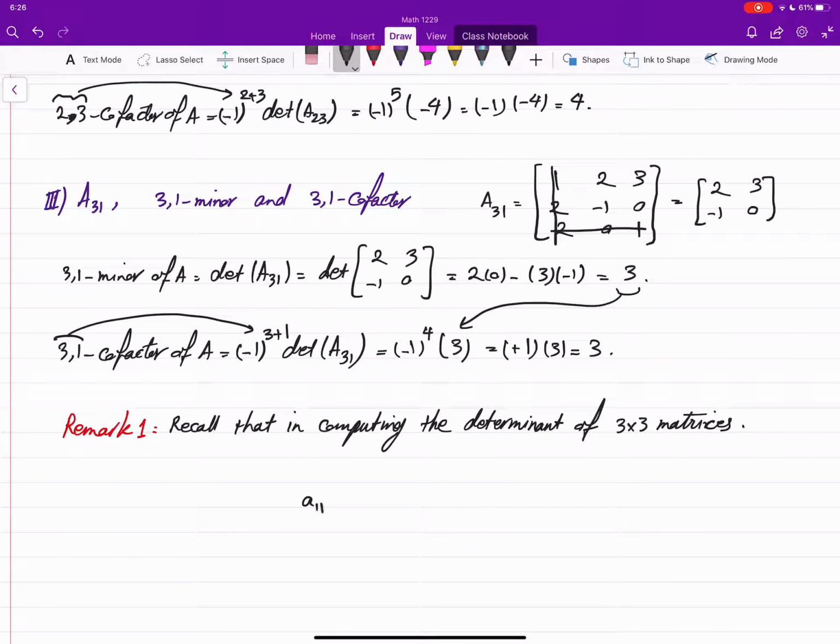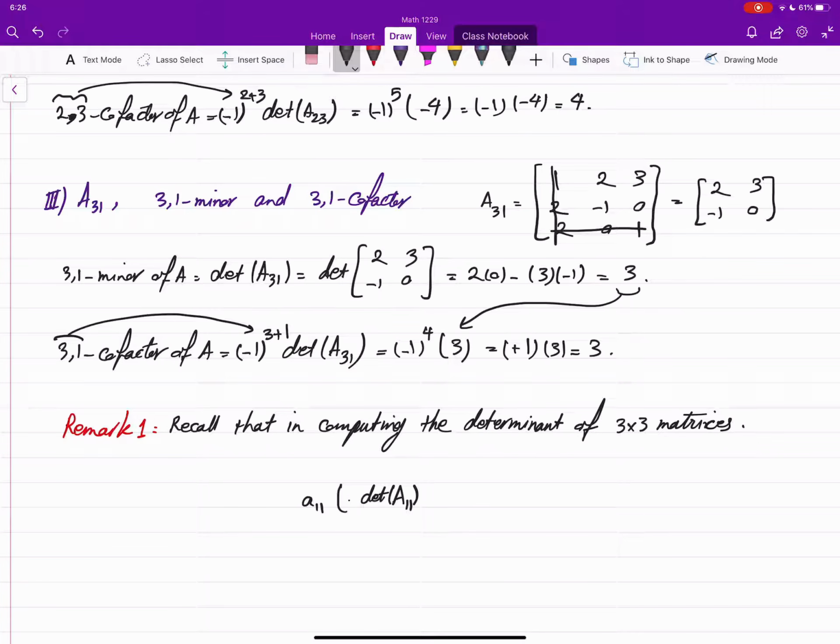So we had the first entry times, remember we deleted row 1, column 1, and then we find the determinant of that. So row 1, column 1 is A11, and then we had the determinant of this guy, multiplied. And remember, I always said put a plus sign.